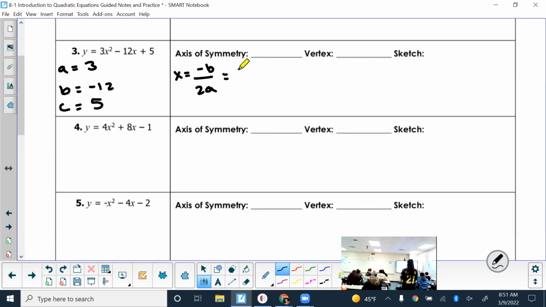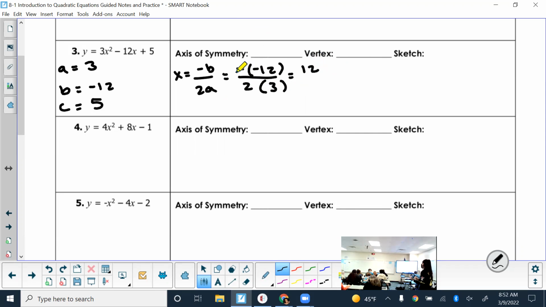Plug it in, remember to use parentheses, because you should see that it's a -12 over 2 times A, which is 3. All right, so that's what you should have so far. Highly recommend you use Desmos for this part, but if you also calculate it by hand, assuming you do it correctly, you should get the same answer. What happens when you have a double negative?